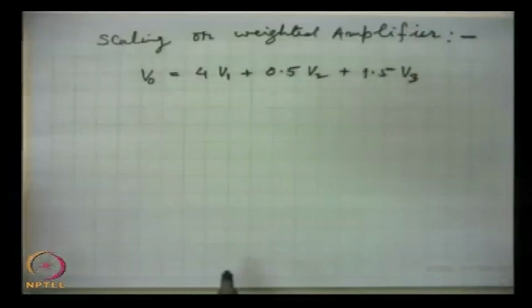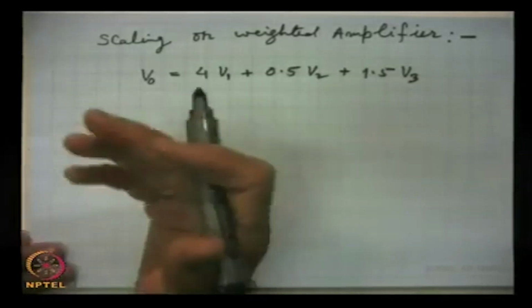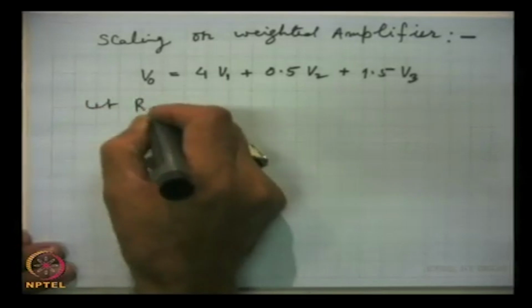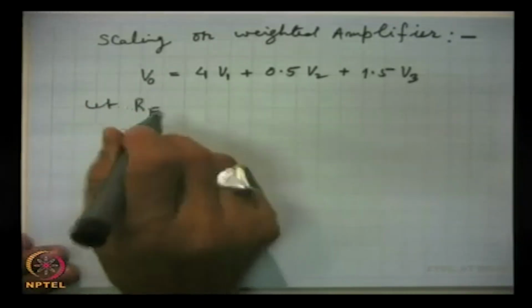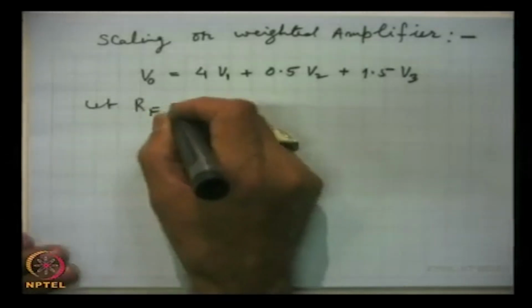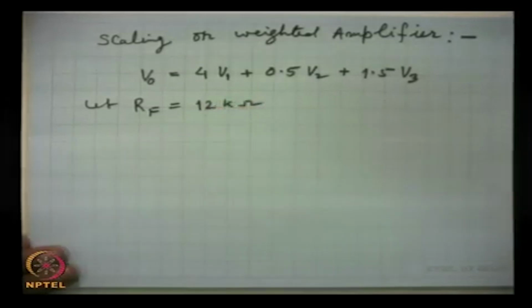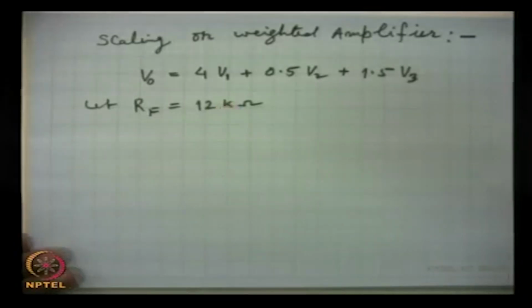Now in this case, if we choose a particular value of RF, for example, let RF, the feedback resistor, be of the value of 12 kilo ohms. We can choose 24, but just as an example I am taking 12.